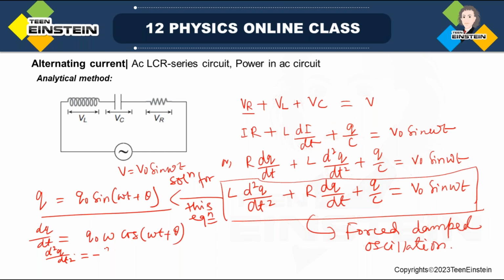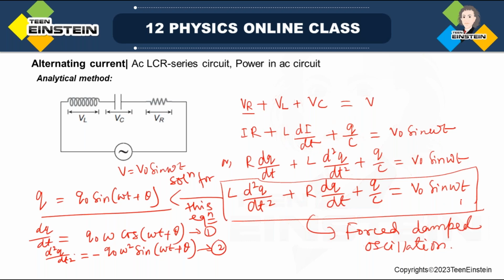Minus q0 omega square sine of omega t plus theta, right? So this is dq by dt, this is d2q by dt square.